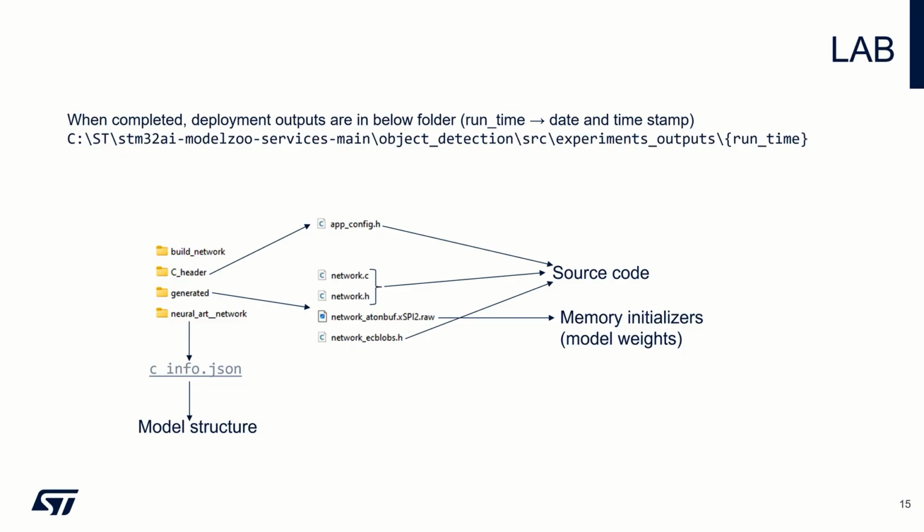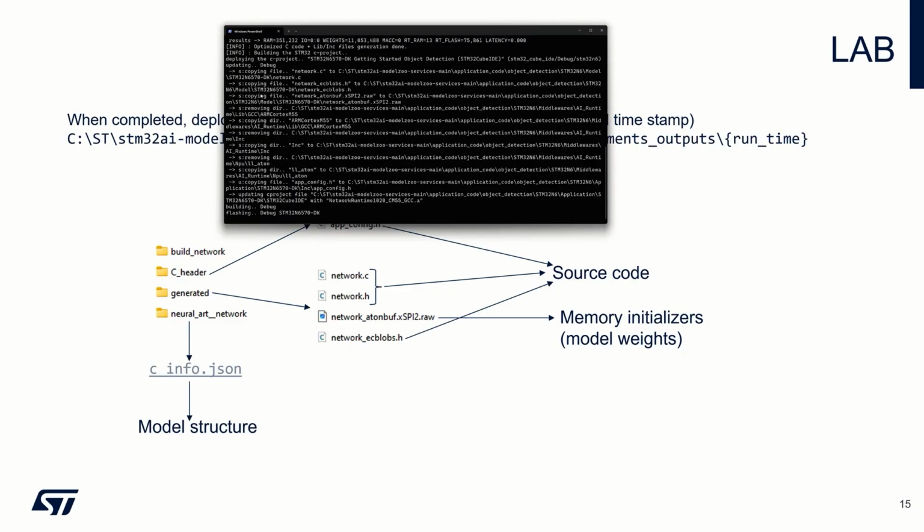Let's come back to the console. Now, as you can see on the screen, the script is flashing weights to the board, to the external flash. So we need to wait, because in this case it is quite a large file.